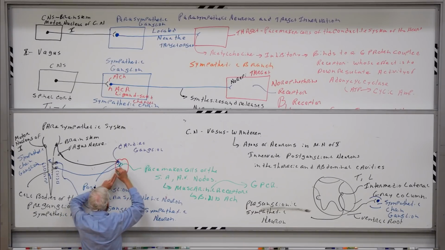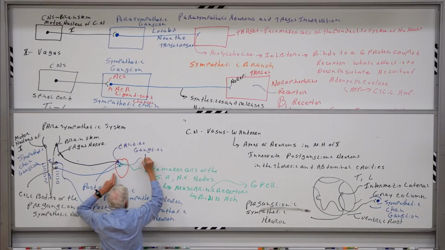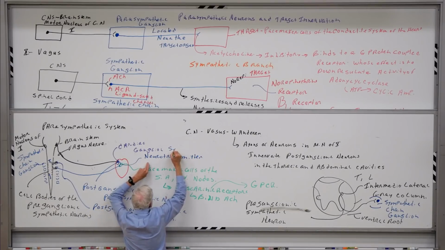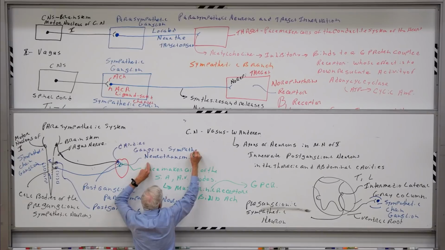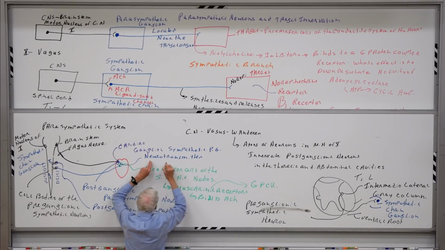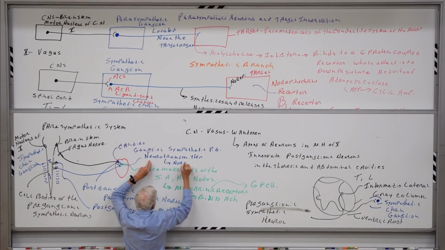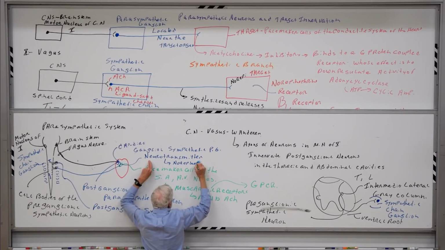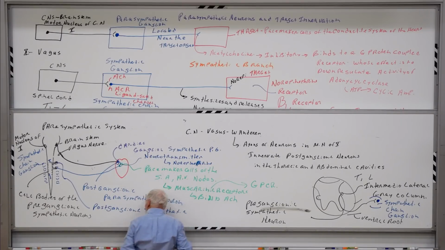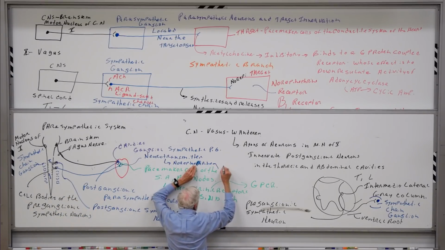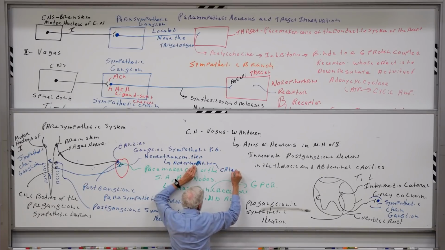Again, at this site now, the sympathetic postganglionic neurotransmitter is norepinephrine. Sometimes you'll see this referred to in a generic term called a catecholamine.